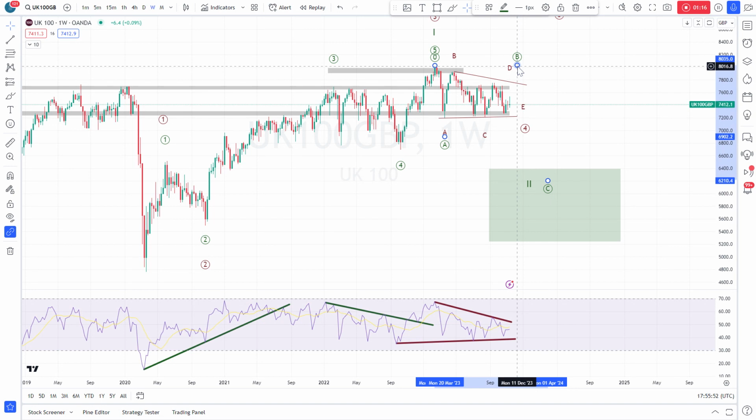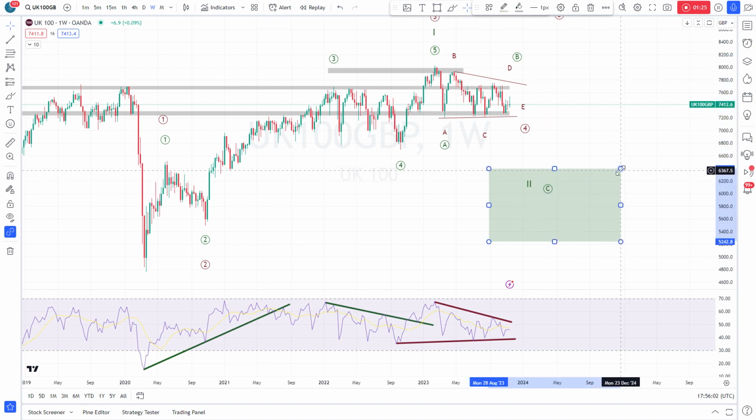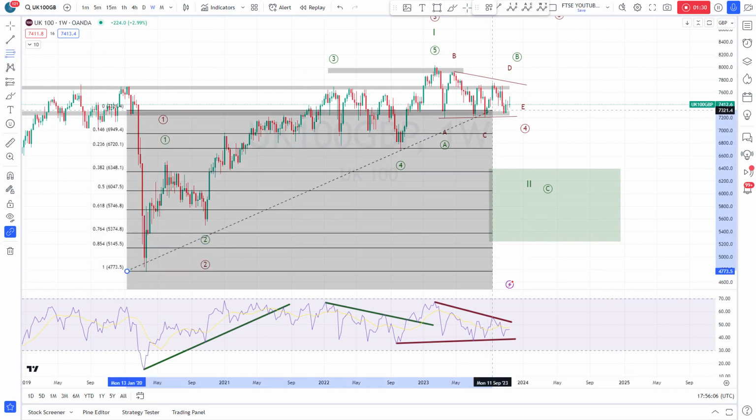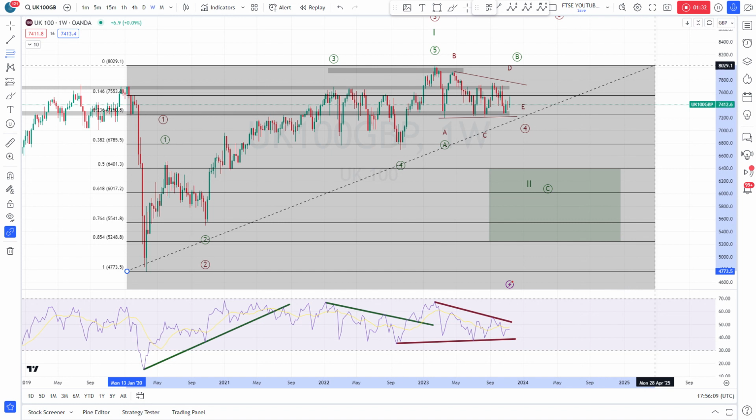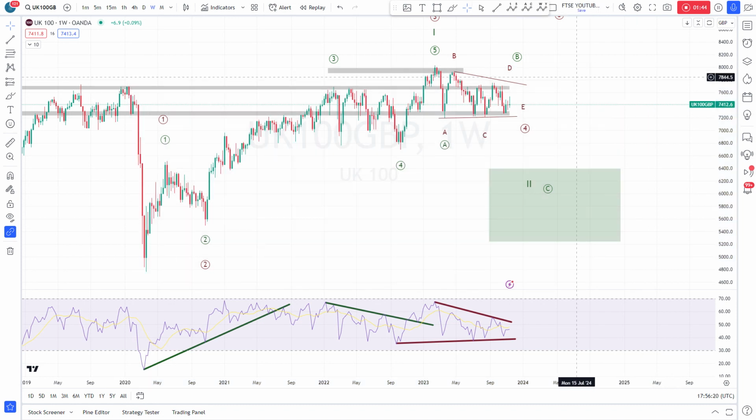And then after this corrective wave B, an impulsive wave C to the downside will follow, targeting the wave 2 area, the area that we can find by taking the length of our wave 1, and then the area between the 0.5 and the 0.854 FIB retracement is our target area. So that would be the bearish interpretation of what we are seeing here in the higher time frame.